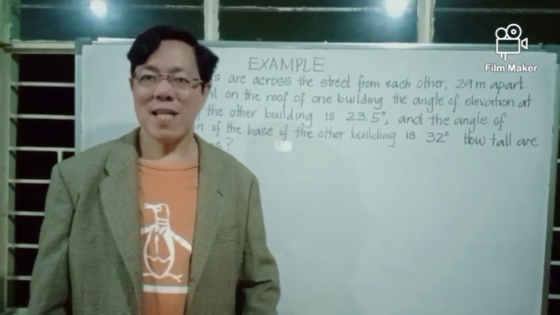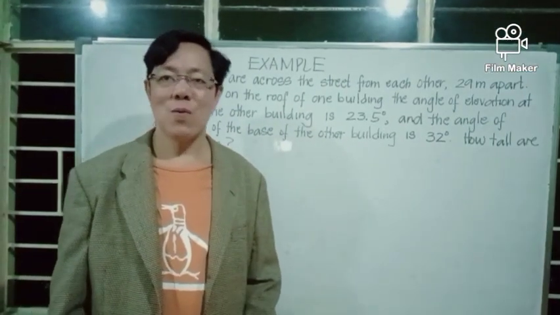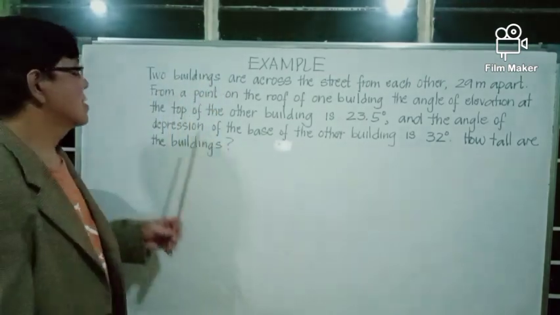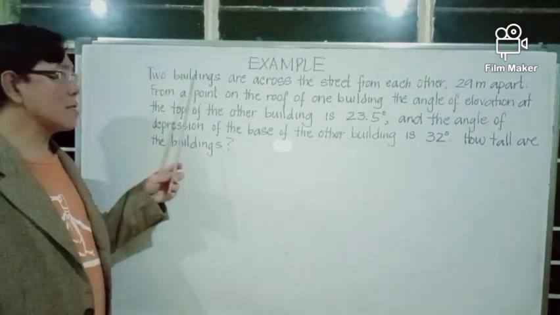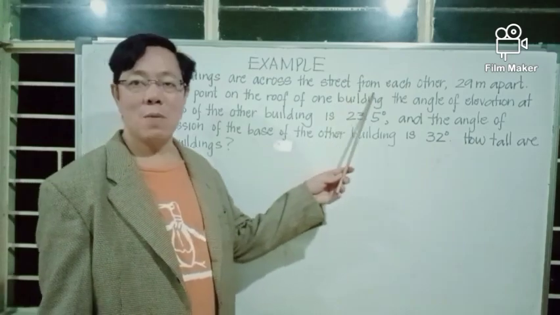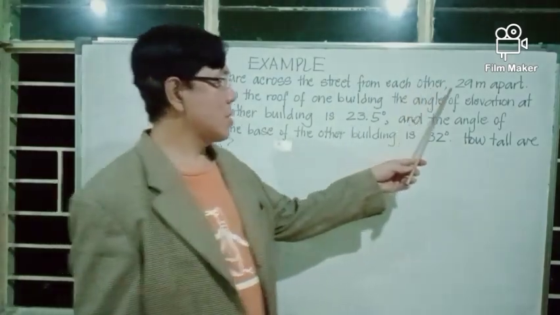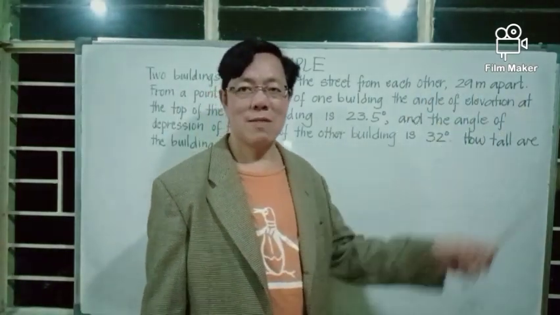For our third and last example, consider the following problem. 2 buildings are across the street from each other, 29 meters apart.